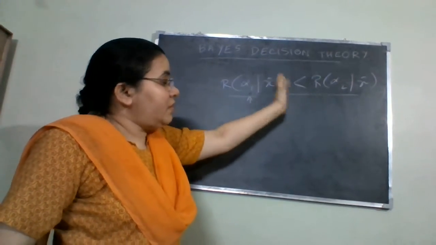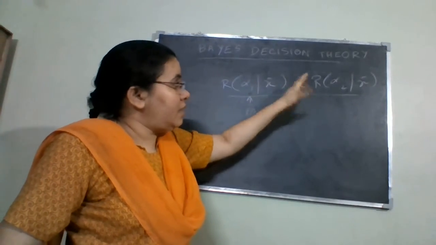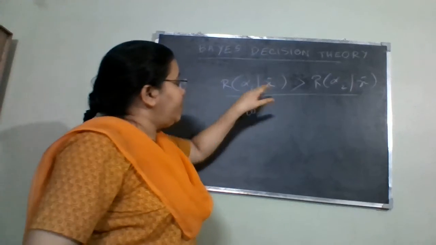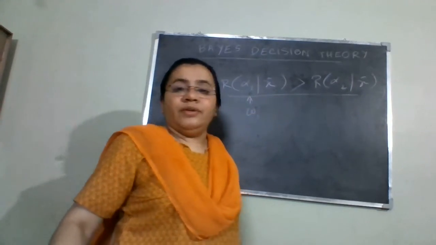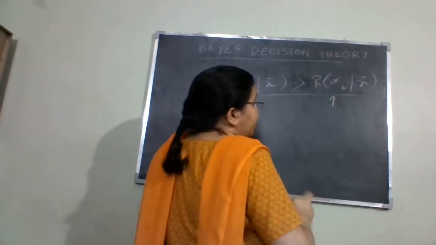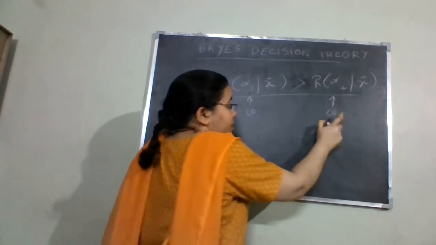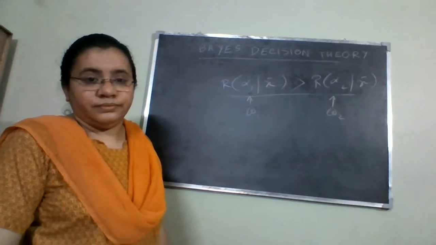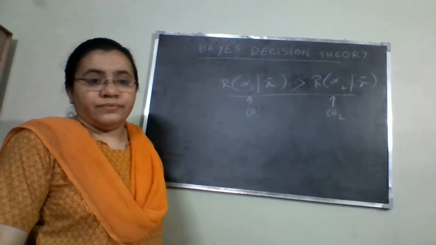And if r alpha 1 x bar were greater than r alpha 2 x bar, we would have taken the alpha 2 decision, which is nothing but categorizing this feature vector x bar under omega 2.